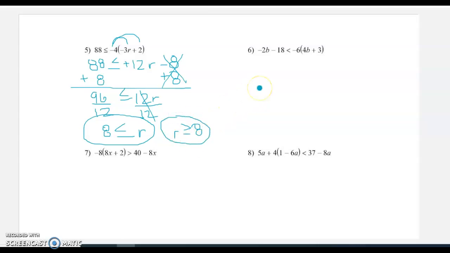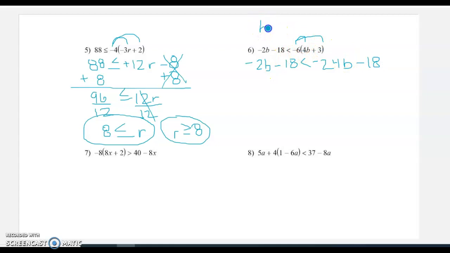All right, next one, we're throwing in that variable on both sides topic. So first, we'd still distribute on the right. So we have negative 2b minus 18 is less than, we would distribute, negative 6 times 4b is negative 24b, and then negative 6 times 3 is negative 18. So you see we've got b's on both sides.